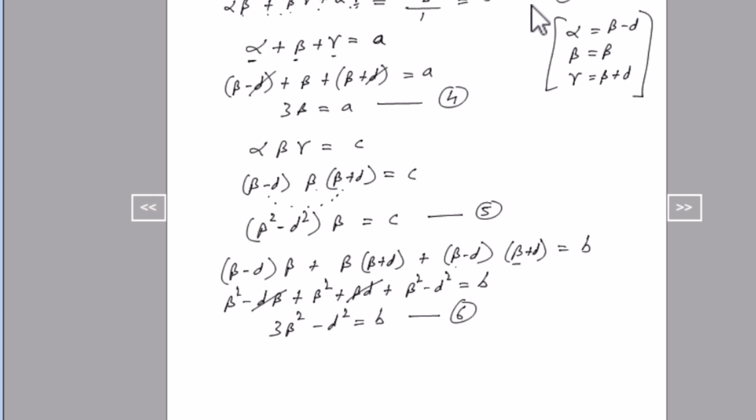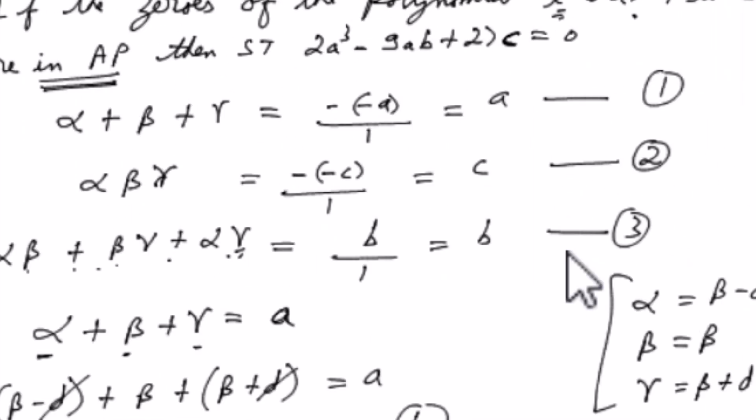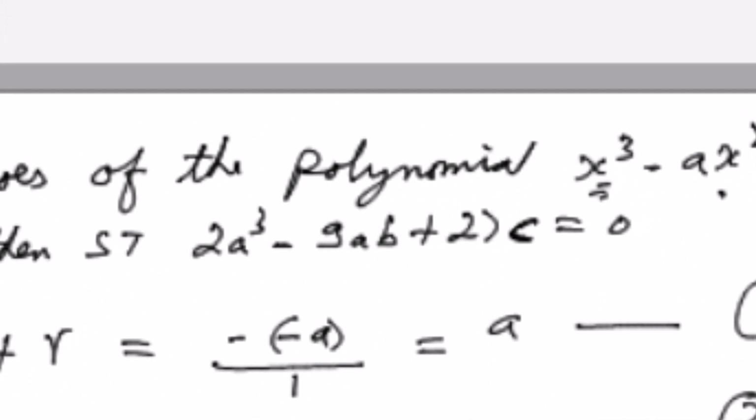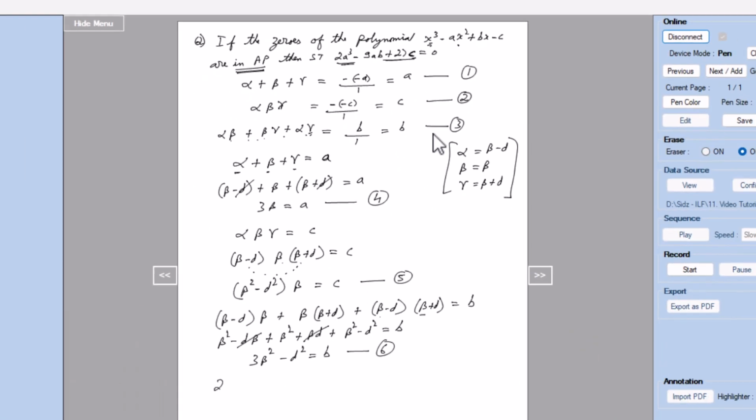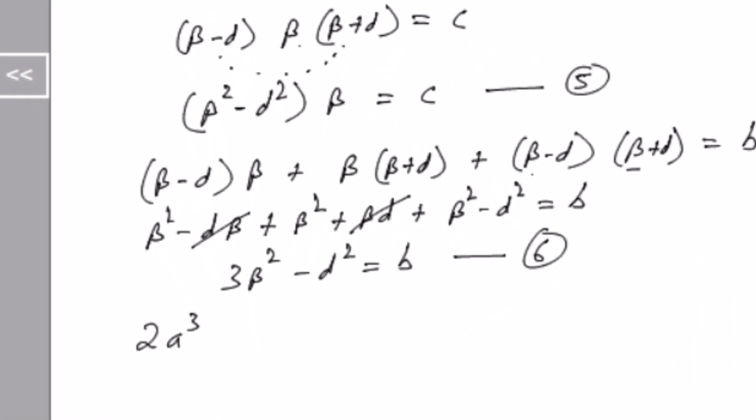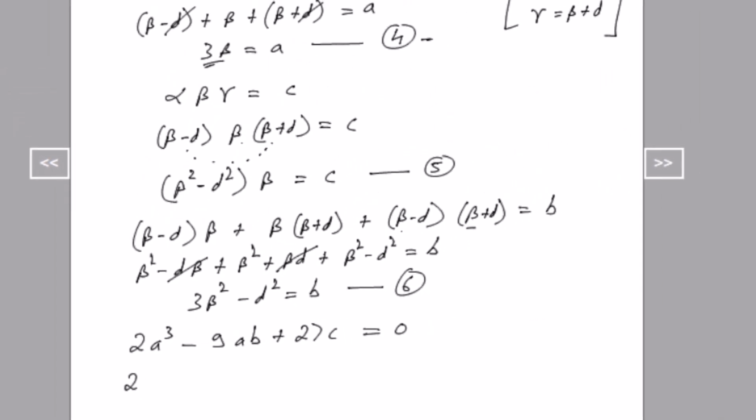Now, we have to show that 2a cube minus 9ab plus 27c equal to 0. So what do we do for that? Let's rewrite that equation. 2a cube minus 9ab plus 27c equal to 0. What is a? As per equation 4, 3 beta.